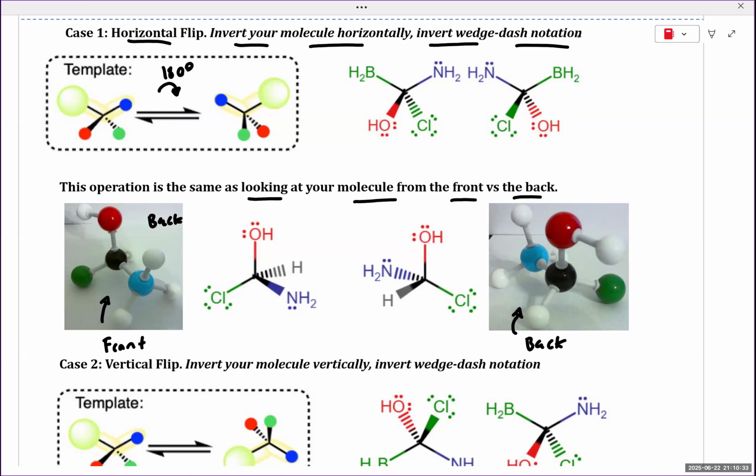As you can see, in rotating this molecule 180 degrees, the carbon skeleton was rotated 180 degrees, and the dash wedge on the amine and the hydrogen were inverted.